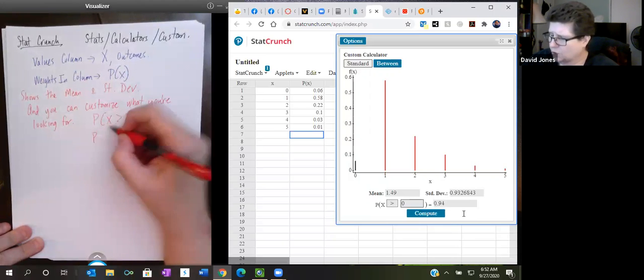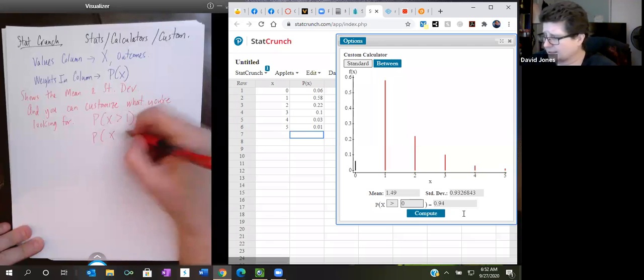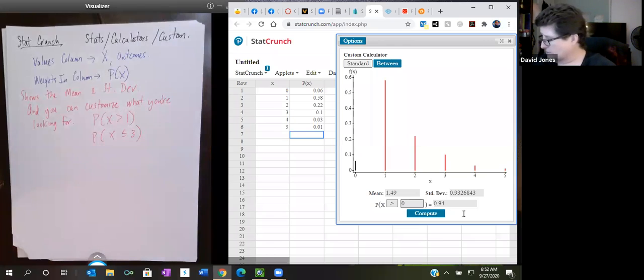Do you want to know the probability that X is less than or equal to 3? We could do that. Less than or equal to 3 is that symbol. We change that to say 3. Click Compute. Less than or equal to 3 means 0, 1, 2, and equals 3 includes the 3. Those 4 columns are in red. It is adding up 0.06, 0.58, 0.22, 0.1, and it gets 0.96. So you can do things like that.